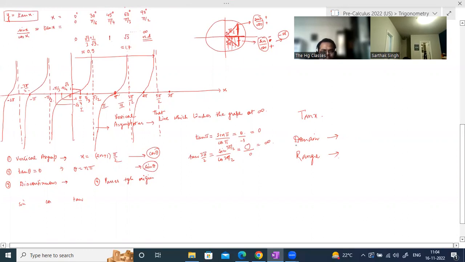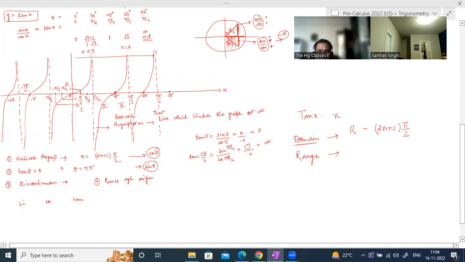So it can be any x value except for the asymptotes. Yes, any x value except the asymptote. So how do we write that? R minus odd multiples of (2n plus 1) times pi by 2. This is the way to write it.